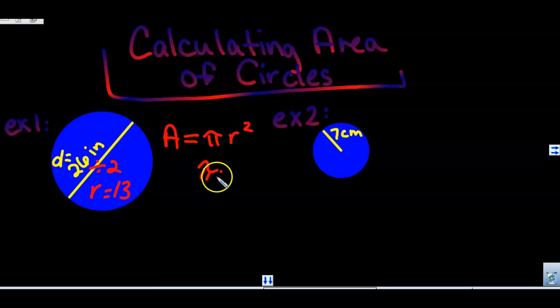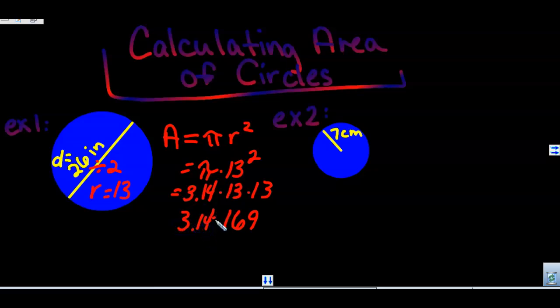Pi times 13 squared. Expanding that out, we are doing 13 times 13 times pi, and we're going to use 3.14 here. Well, 13 times 13 is 169.